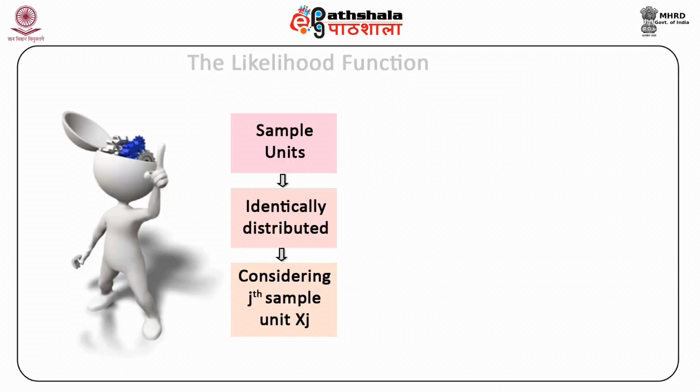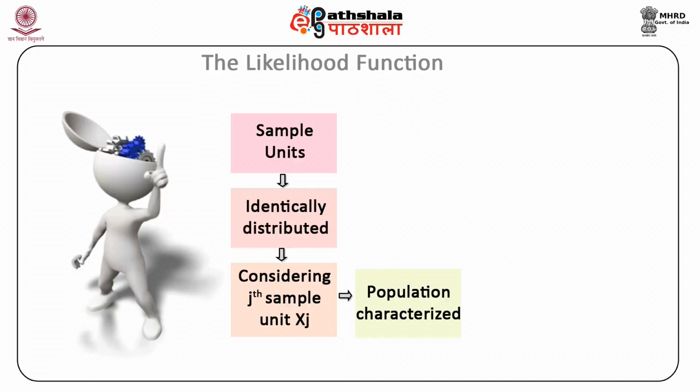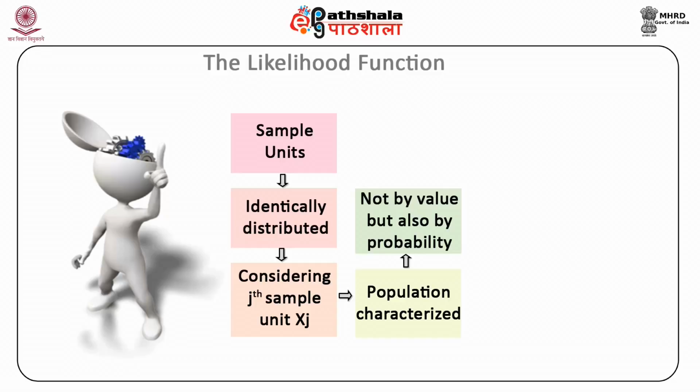Let us consider the jth sample unit, xj. Before the unit has actually been selected, the jth sample unit could be any one of the population units. Since the population has a probability distribution, each population unit is characterized by not only its value but also with the associated probability of taking on that value.